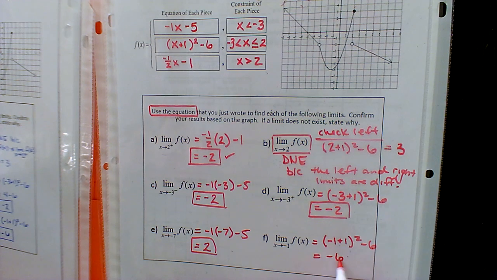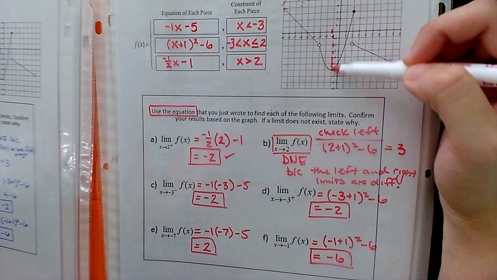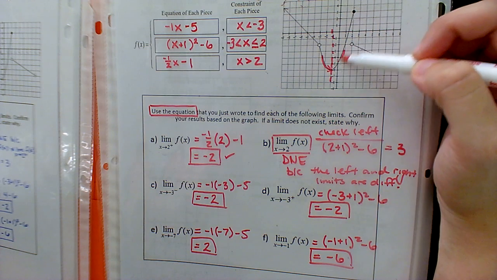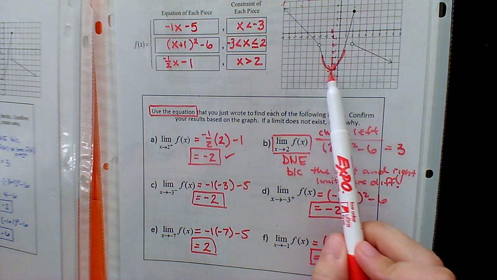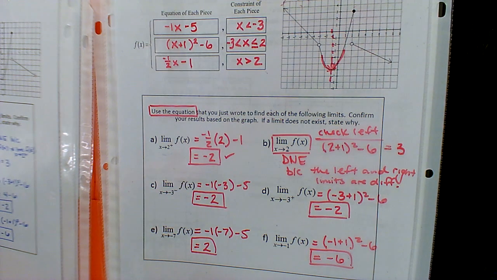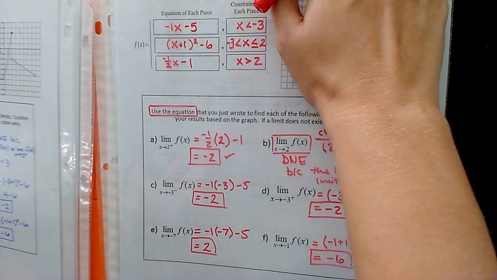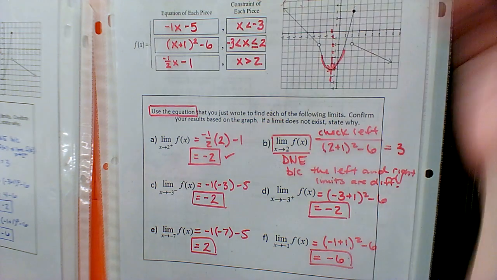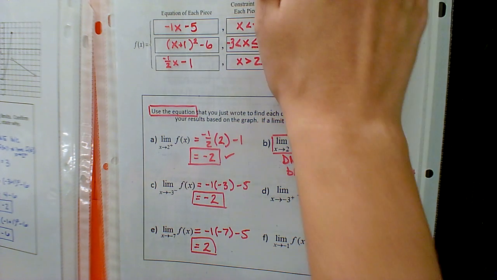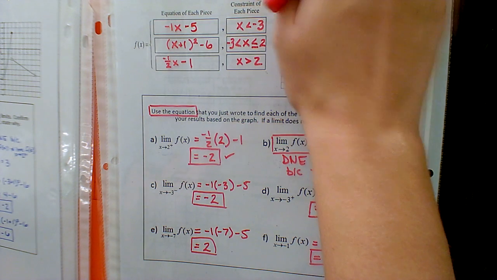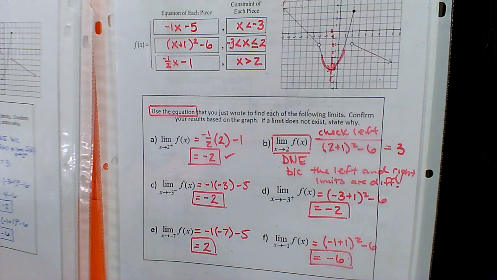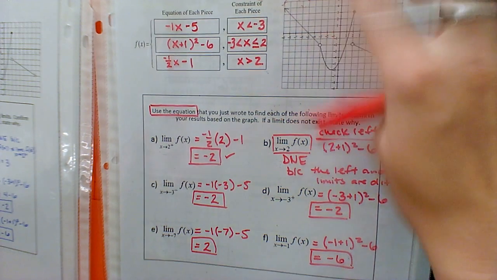Looks like we'll get -6. Graphically speaking, if we come in from the left and the right at -1, notice how we have that height of -6. Okay? So in terms of piecewise functions, even if you don't have the graph, you have to strategically pick which piece you would be using for that particular limit, based off of the constraint or the domain.